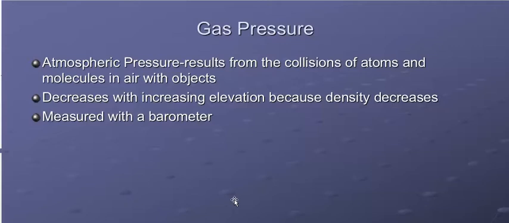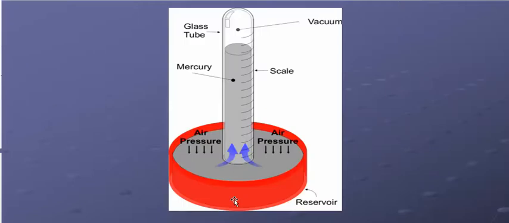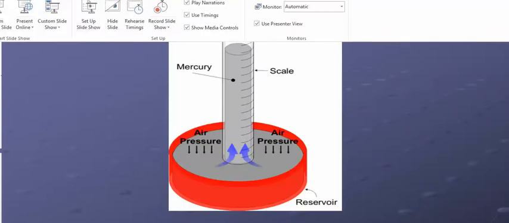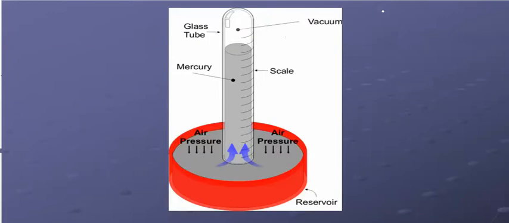And atmospheric pressure is measured with something called a barometer. So here's what a simple barometer looks like. Atmospheric pressure pushes down, and as atmospheric pressure pushes down in this tub of mercury, some of the mercury goes up the glass tube, and you notice that there is a scale on that glass tube, kind of like a thermometer, with increments.